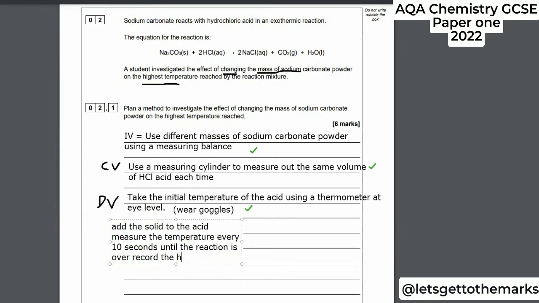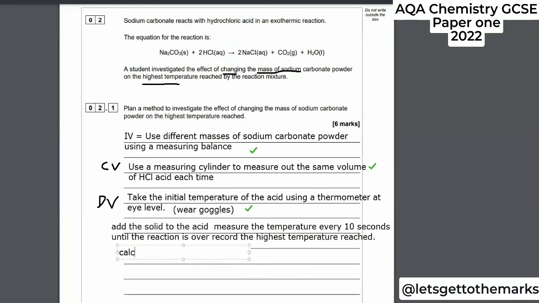Record the highest temperature reached. So we're really only interested in finding out the highest temperature reached. And we can then say, calculate the temperature change, which you do by subtracting the initial from the final. Okay. So this is all part of the dependent variable, what you're measuring and how you're measuring it.